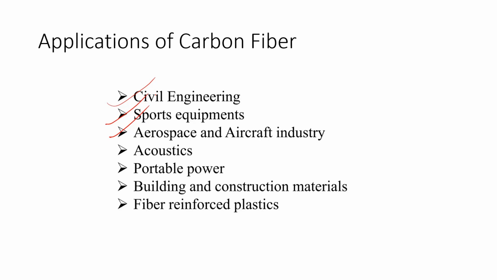So when it is impregnated with a plastic resin and baked, it forms carbon fiber reinforced polymer. This is very important. What is carbon fiber reinforced polymer? That is when the carbon fiber is usually combined with a plastic resin, followed by baking, then it will form carbon fiber reinforced polymer.